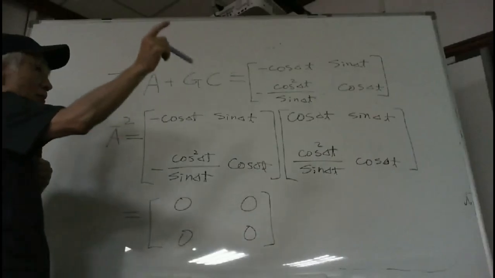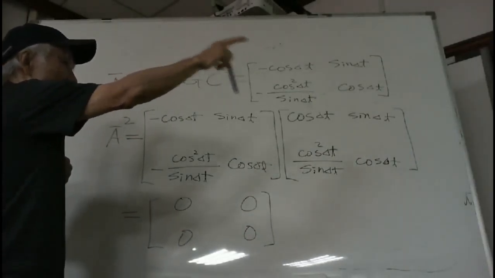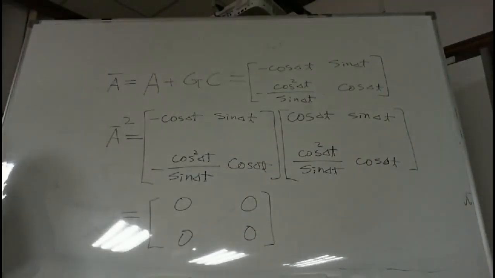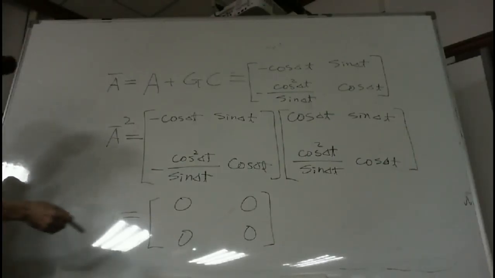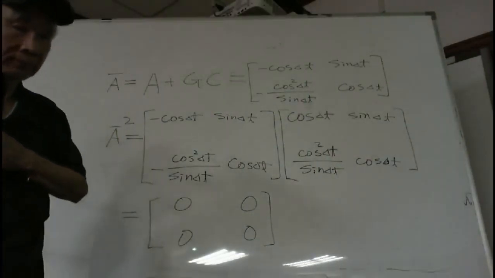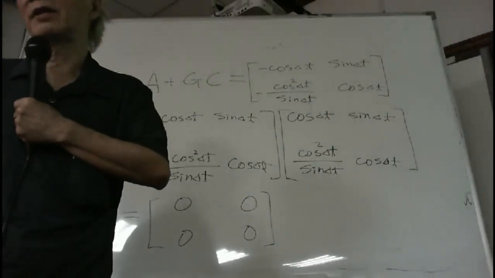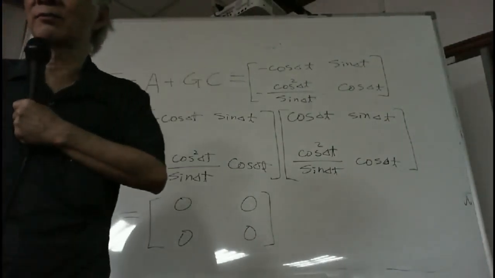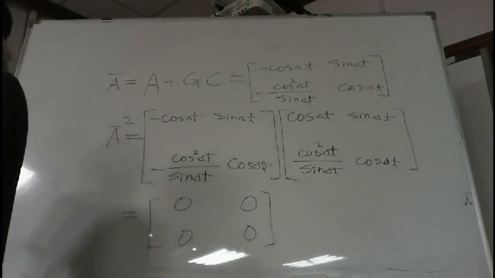And when you go home and solve it, you will get exactly the same as my G showing on the slide. That's exactly the homework I asked you to do, the 6B. I give you A, I give you C, then I say I want a G such that A bar square is 0. As a matter of fact, that's exactly the same solution as this one anyway, so it doesn't matter.